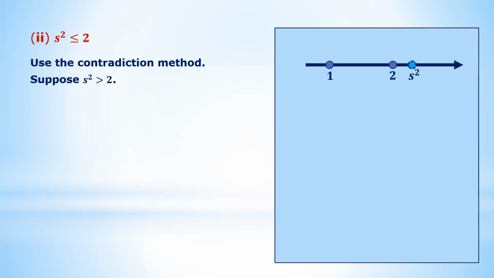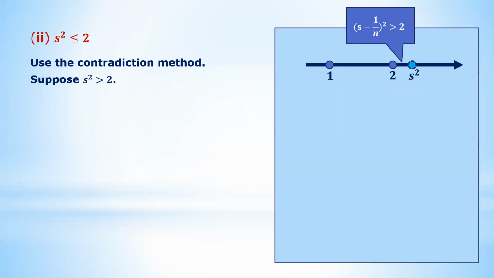Previously I increased s a little bit, so that the number is still in the gap. Now this time, since s squared is on the right side, it's greater than 2, so I have to decrease s a little bit. And I'll make sure that the square of the decreased number is still in this gap.